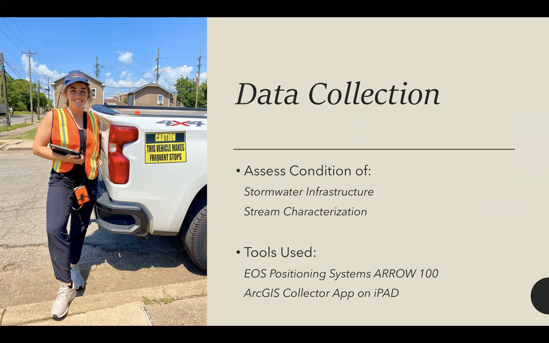This is where I took qualitative data of stormwater structures like pipes, inlets, and manholes, and also looked at stream channels in the field where there were scouring of the banks, trees that have fallen in, sediment deposition, and other factors that could harm the condition of the streams or benefit the streams. I used ArcGIS Collector, which is an app on the iPad I'm holding, and then EOS positioning systems, which tracked my location.